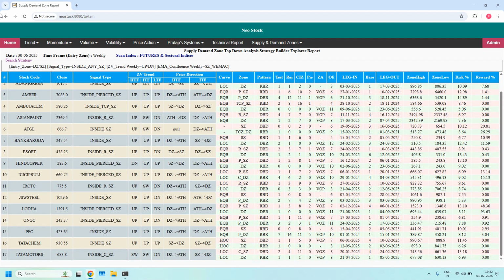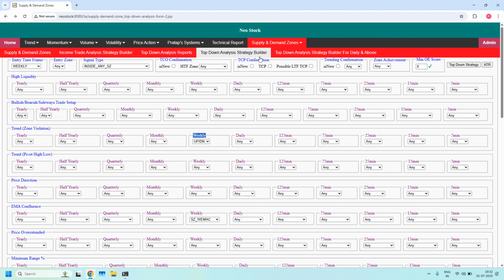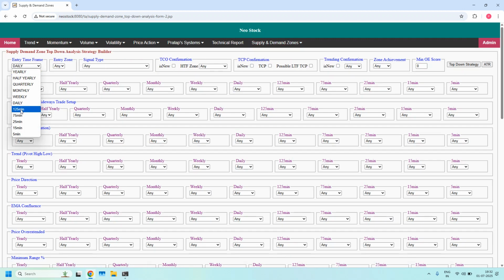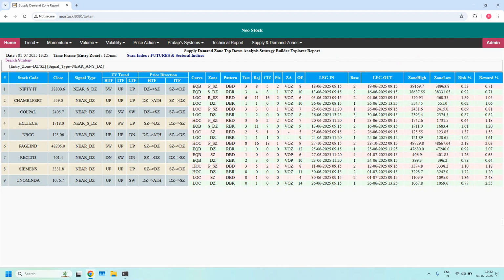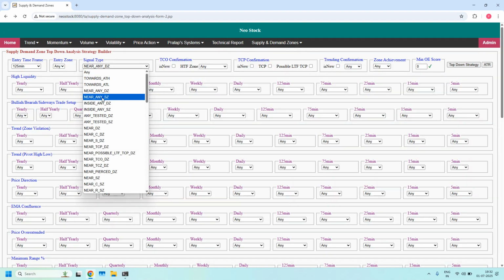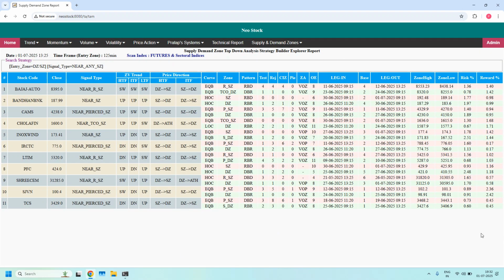So the next time frame is 125 minutes. Stocks near to the 125 minutes demand zone, we got 9 stocks. Next, stocks near to the 125 minutes supply zone, we got 11 stocks.